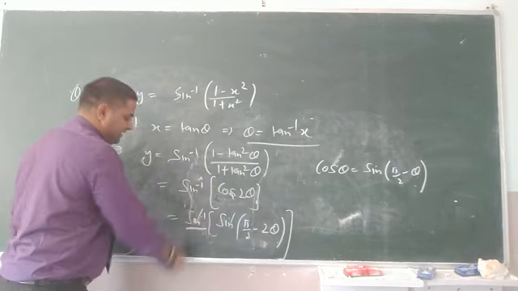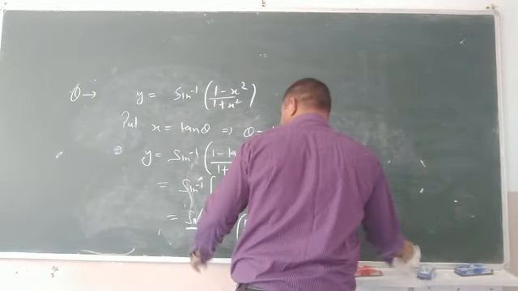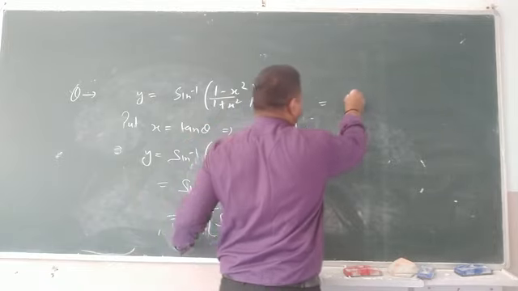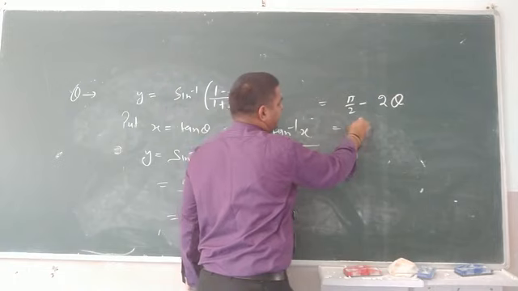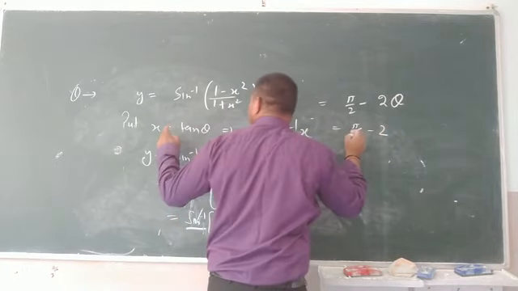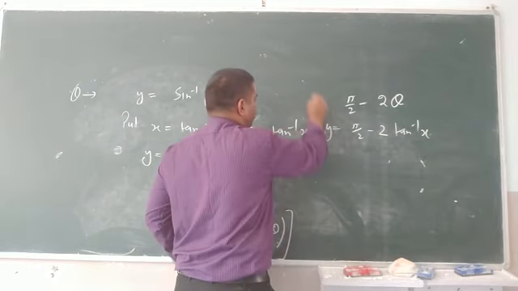So here sine gets cancelled. We get pi by 2 minus 2 theta. So pi by 2 minus 2, what is the value of theta? Tan inverse x. This is y.